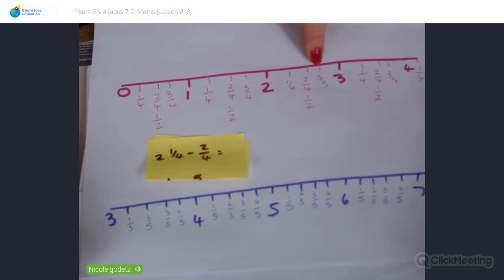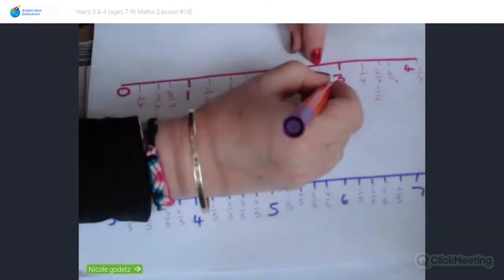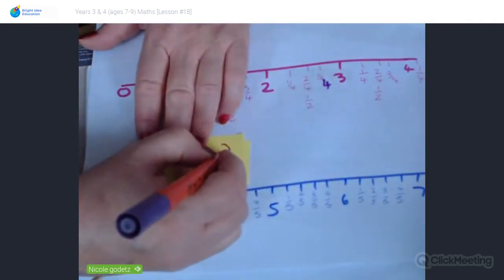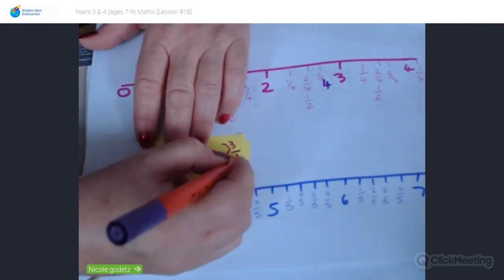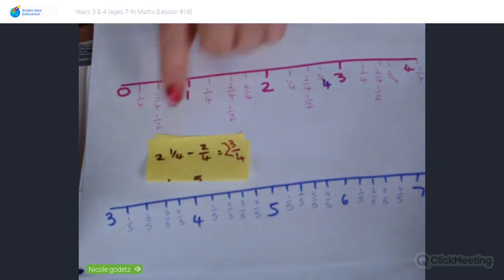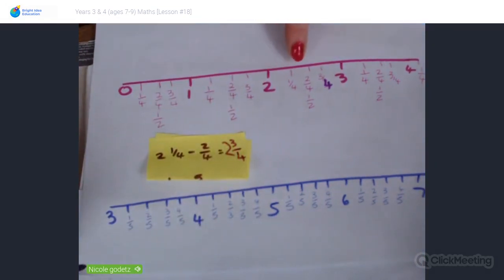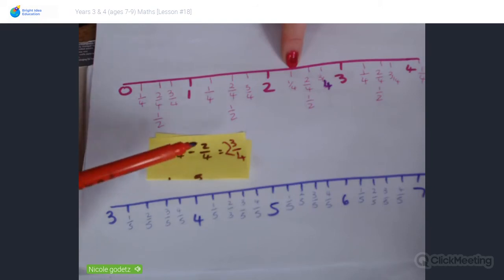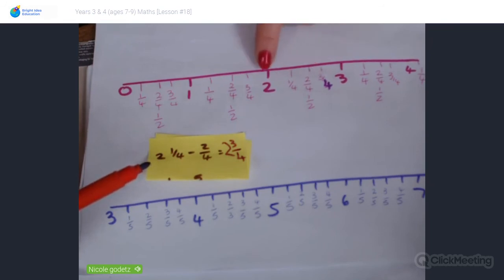So 1, 2. The answer is 2 3/4. We had 2 1/4, and we had to take 2 quarter jumps. 1, 2. So we ended up with 2 3/4.